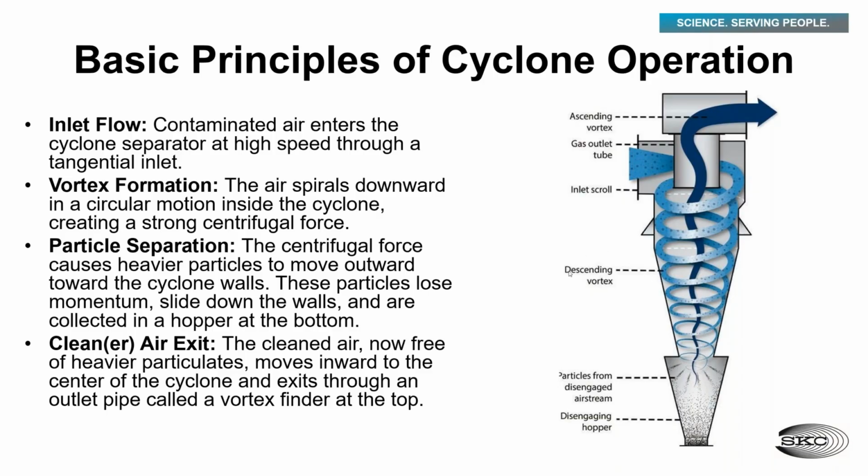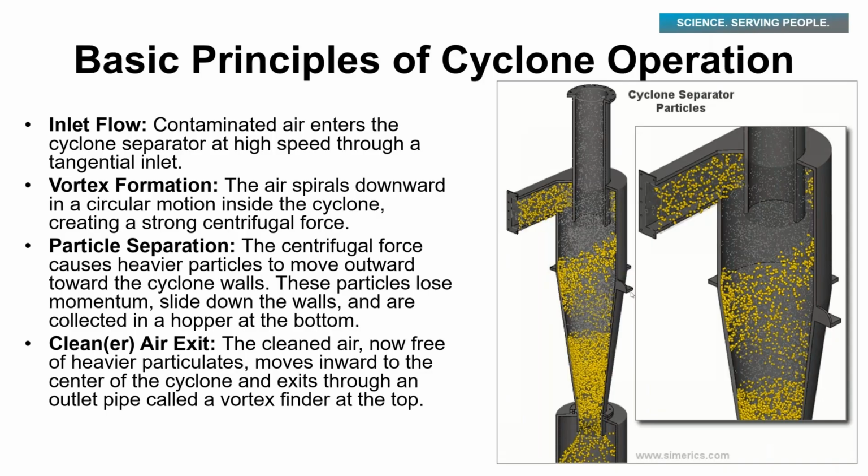Now, I thought this was a really good visual representation of what it's actually doing. I'm sad that it's not actually spinning, but you can see that the yellow particles are the ones that are larger, that are spinning out and dropping down into the grit pot. And you can see these gray ones are the ones that are smaller, that are remaining suspended and traveling up.